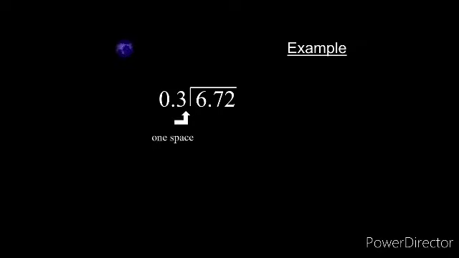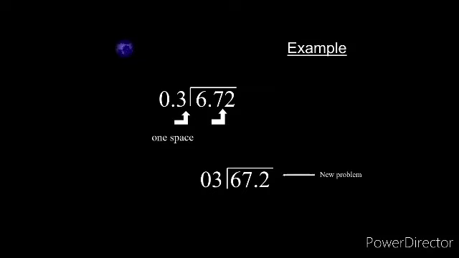So our division problem, class, from 6.72 divided by 0.3 changes into 3 as the divisor, and our dividend is 67.2. So here are the changes after we apply the rule of this dividing problem.